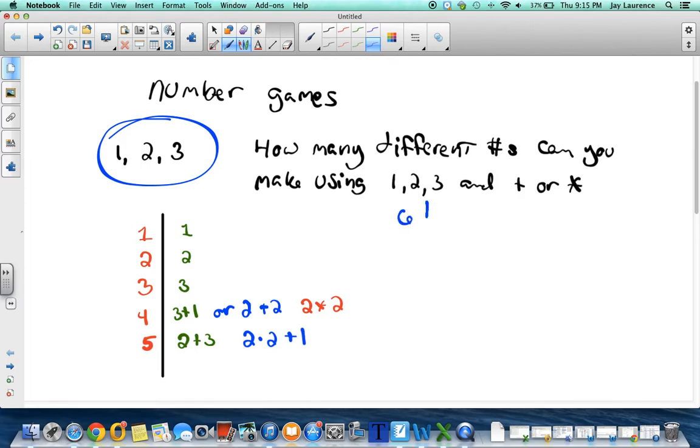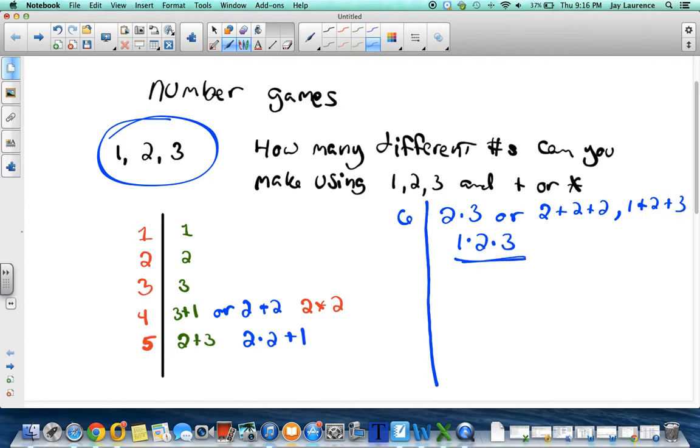Can I make the number 6? Well, sure, I can go 2 times 3. Or I could do 2 plus 2 plus 2. Okay, lots of variations of it. I could go 1 plus 2 plus 3. That would make 6. I could go 1 times 2 times 3. Hey, that's kind of cool, right? Okay, so I can keep going.